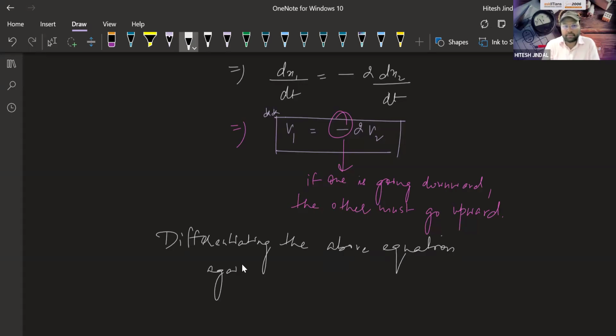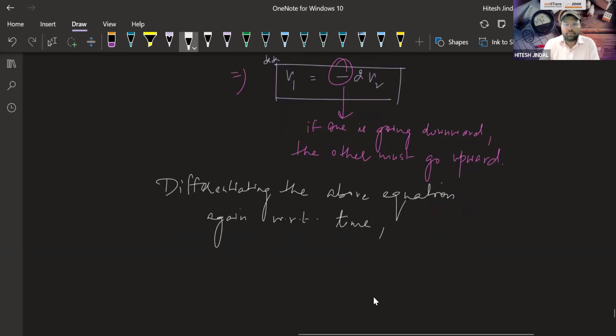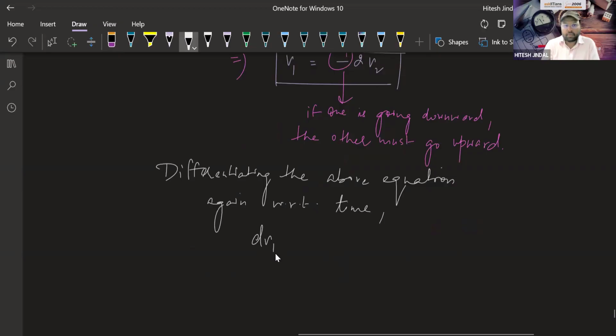Right? And if I differentiate it further again, what should it be, guys?